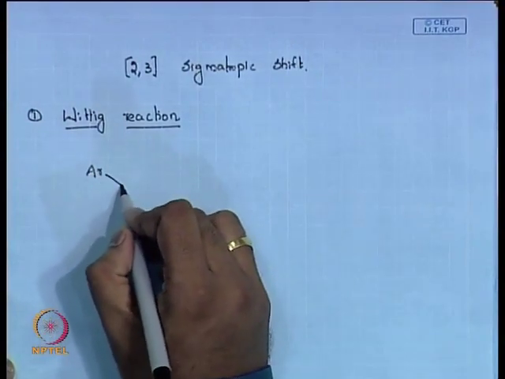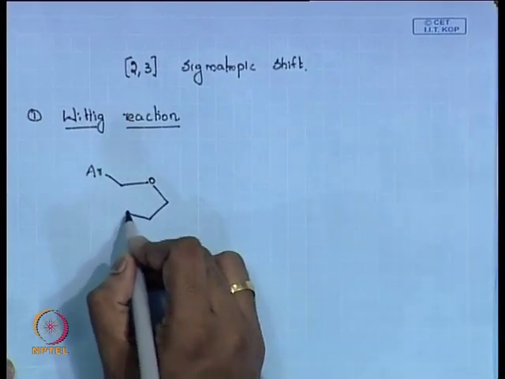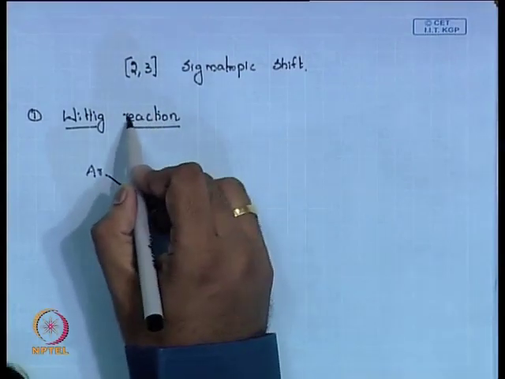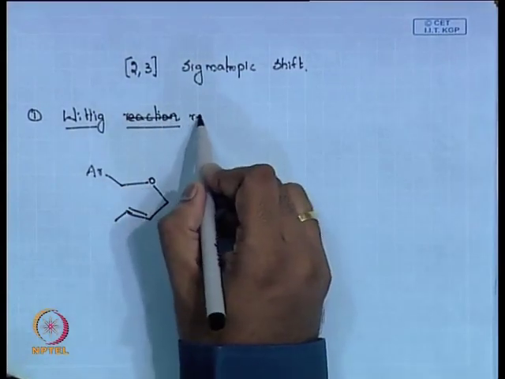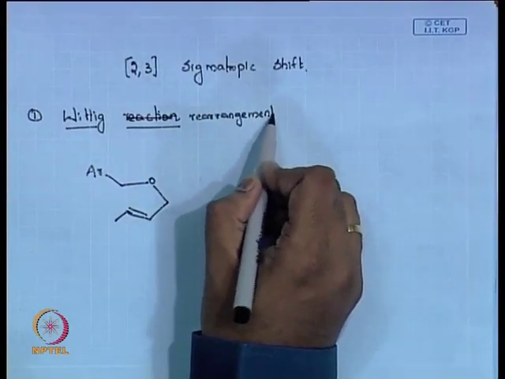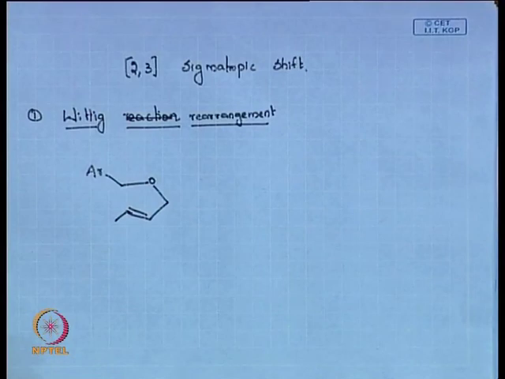So, you can take a type of allyl ether. No, you are talking about that halide chemistry. No, it's the Wittig rearrangement. Okay, to be much clearer, I will say it is Wittig rearrangement, otherwise it will be confused with other reactions.